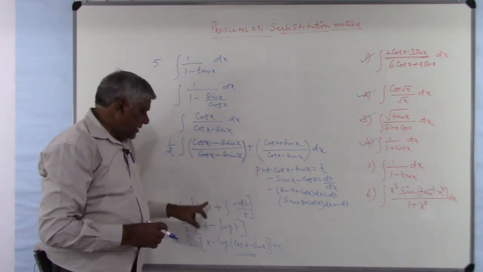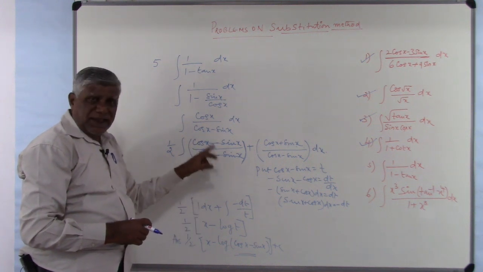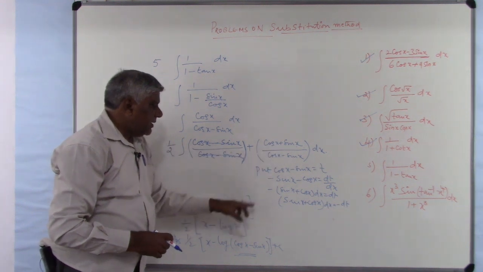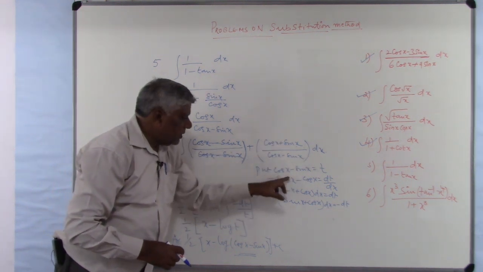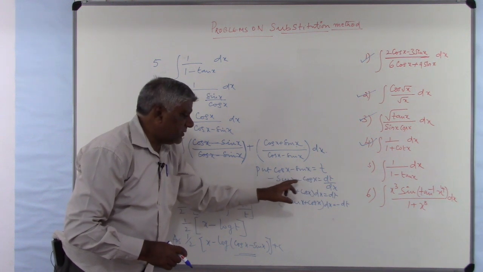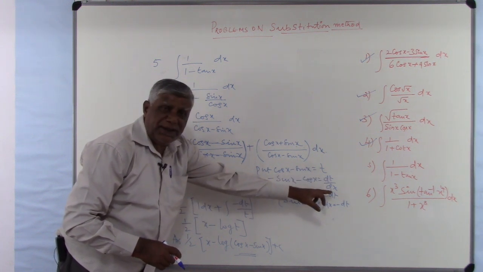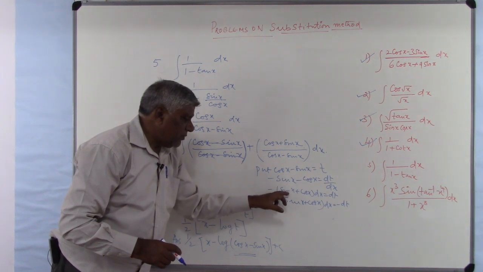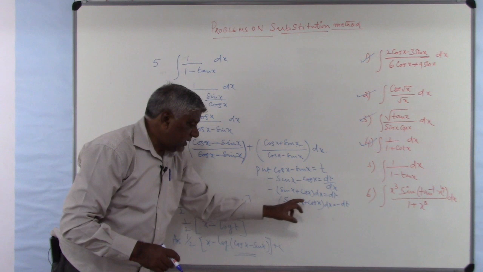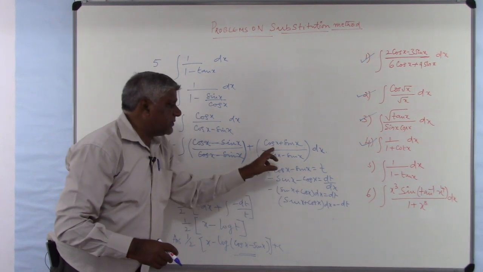Now for this, it is 1 into dx. This cancels, no? 1 into dx plus, for this, put cos x minus sin x equal to t. Therefore, minus sin x minus cos x is equal to dt by dx. Minus of (sin x plus cos x) into dx is equal to dt, or (sin x plus cos x) dx is equal to minus dt.